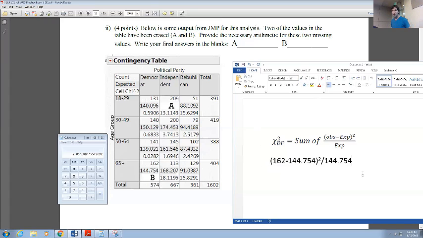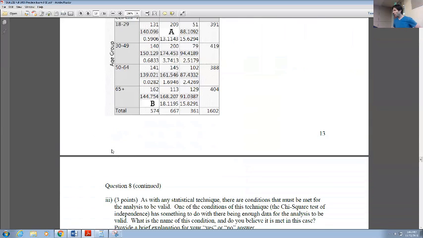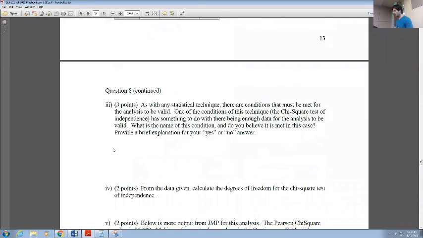That is the formula. There we go. And that is it. So it is observed minus expected squared over expected, and it tells you how odd the cell is.